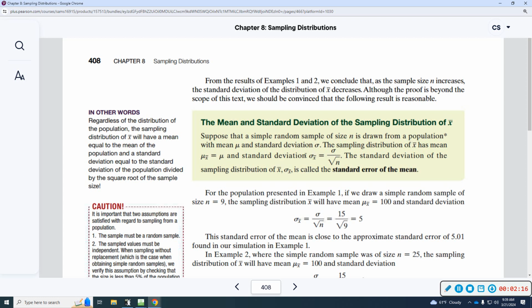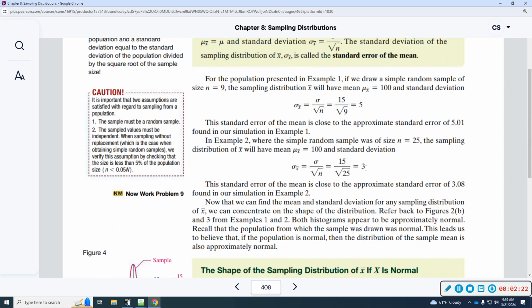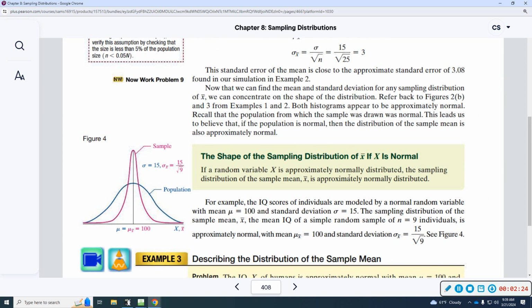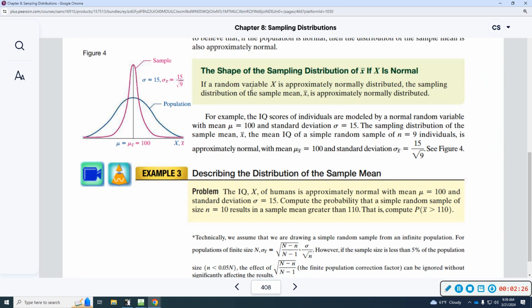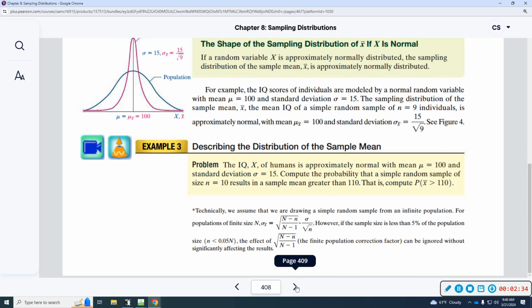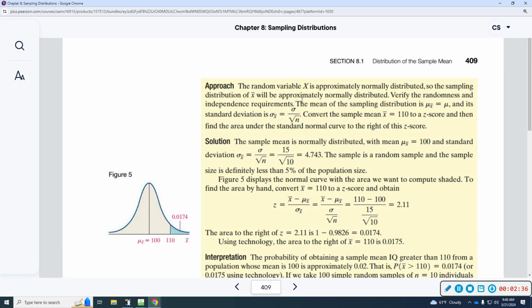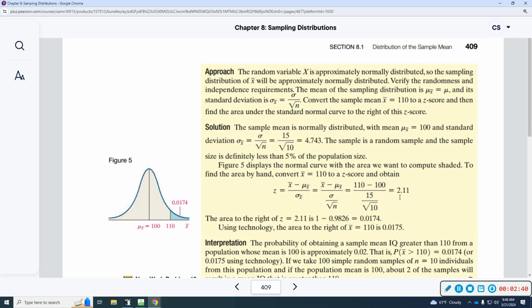The standard deviation of the sample is going to be equal to the population standard deviation divided by the square root of n. So that will be the difference. That's the sampling distribution. If it comes from normal, we'll just use the normal mean and the normal standard deviation. So here's an example talking about approximately normally distributed.